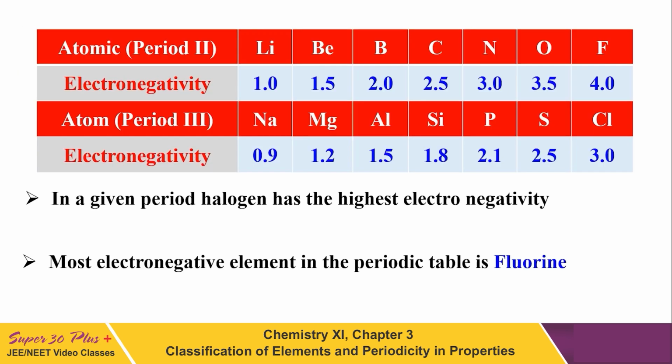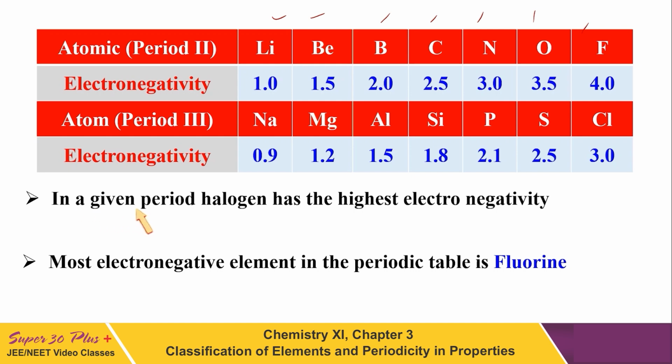Here are some figures, data in order to support the fact. For the second period, lithium, beryllium, boron, carbon, nitrogen, oxygen and fluorine, this is the value of electronegativity which you see increases continuously. And for the third period, sodium, magnesium, aluminium, silicon, phosphorus, sulfur and chlorine, you see there is a constant increase in the electronegativity.